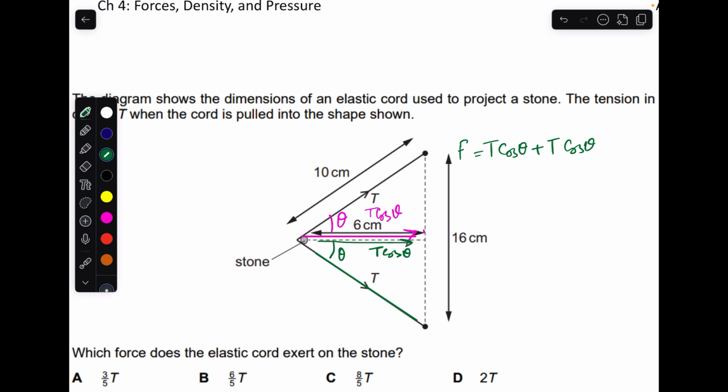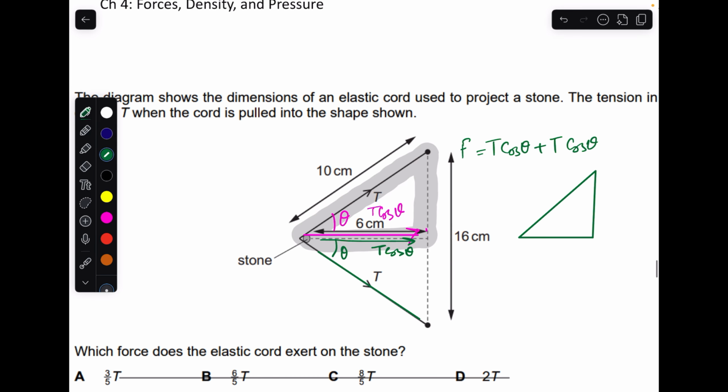So how can we find theta now? If you look at this shape, it is making a triangle whose angle we call theta, and this total is 16, so from this to this will be 8.